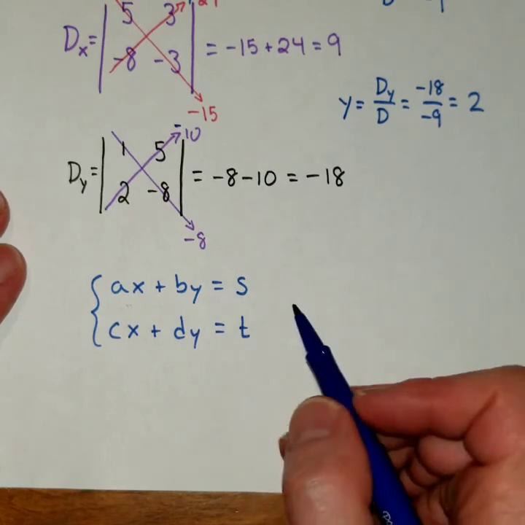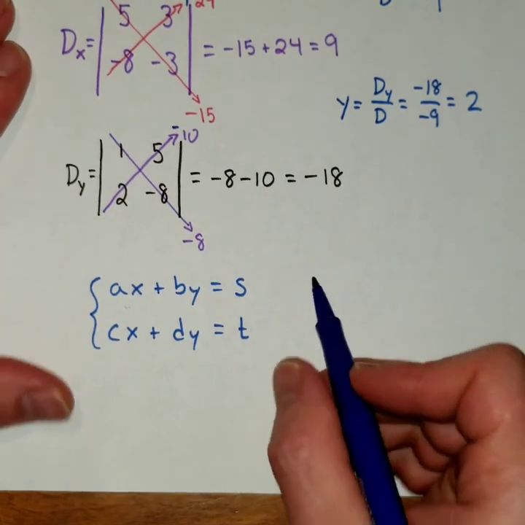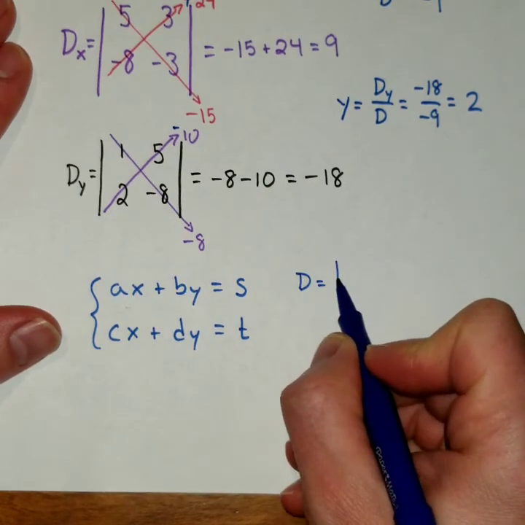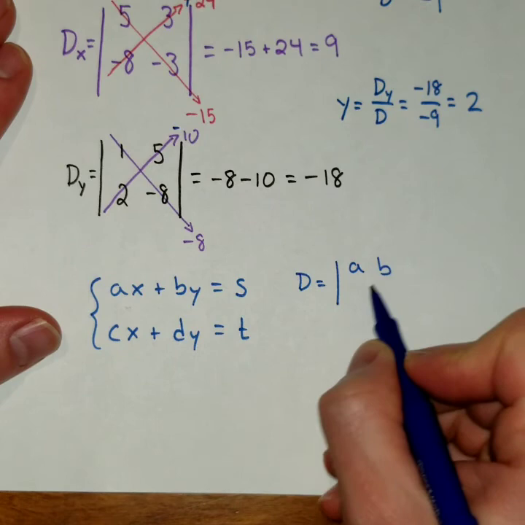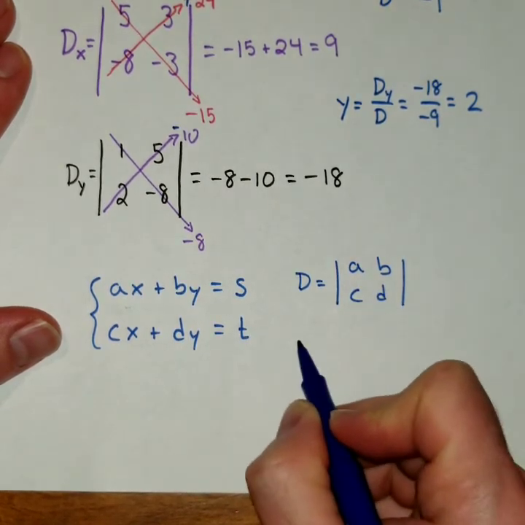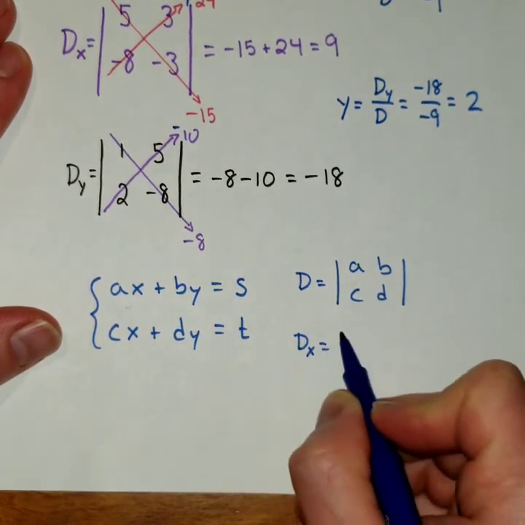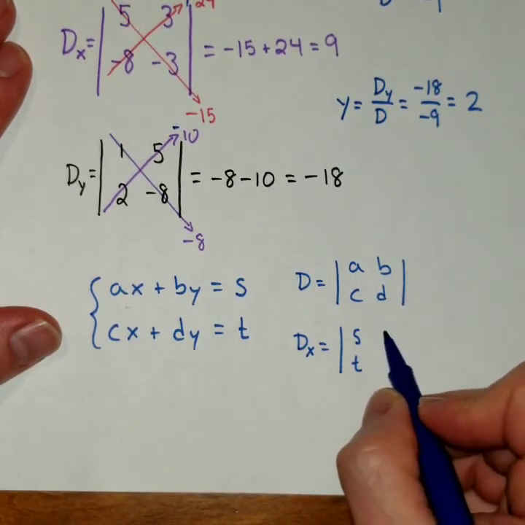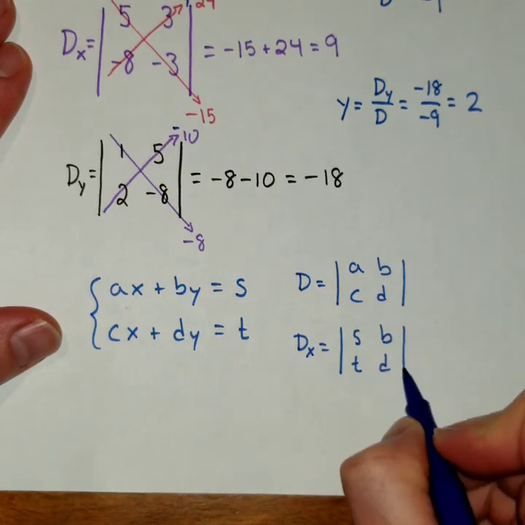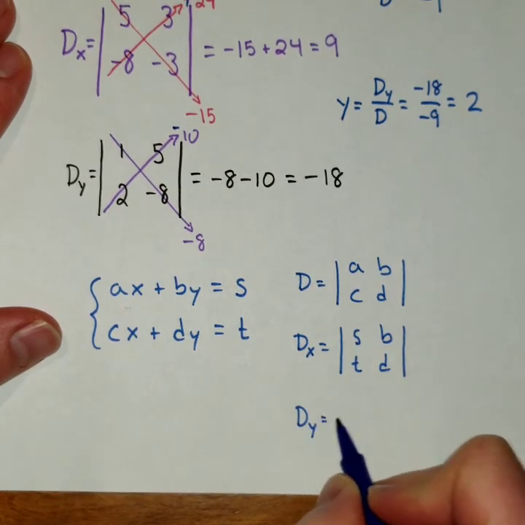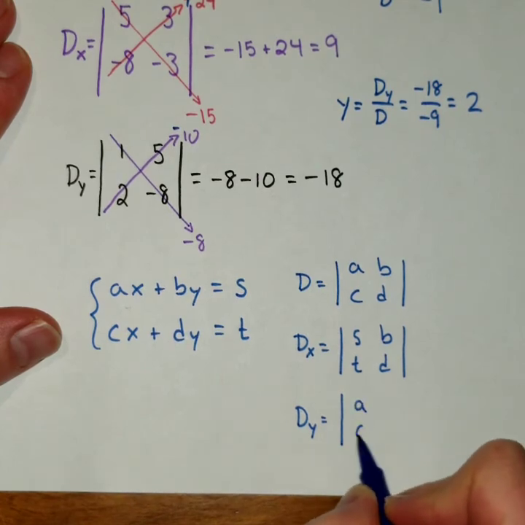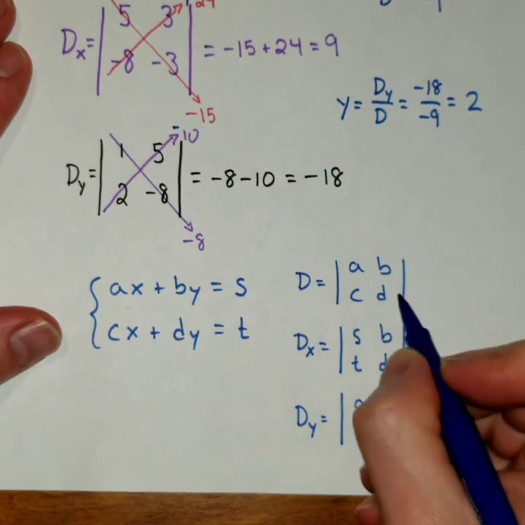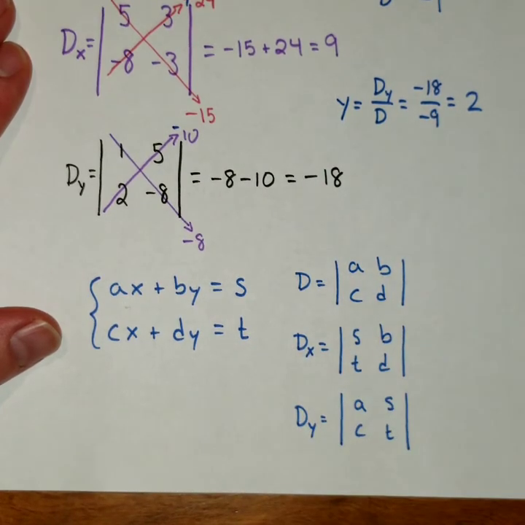And if we define our three determinants as D equals the determinant a, b, c, d, D sub x is s, t, b, d, it replaces the x column with the constants, and b, d stays, and D sub y is equal to a, c, s, t, so the y column gets replaced with the constants.